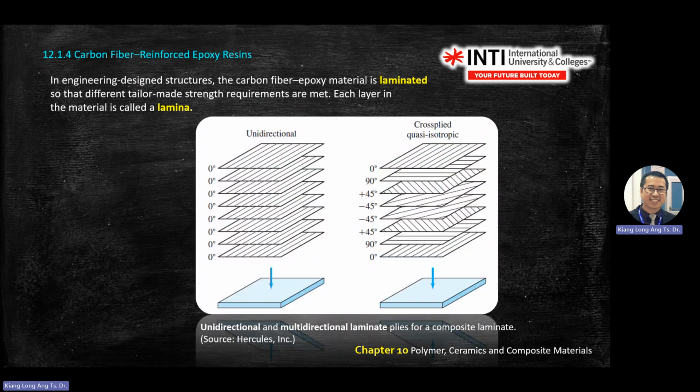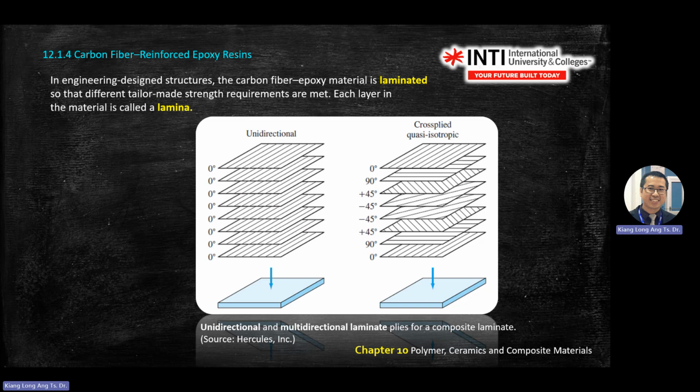So these are the arrangements of your fiber or your composite. On the left, this is called layer. When you see layer, we call it laminate or laminar material. Layer means laminate. So on the left is unidirectional.